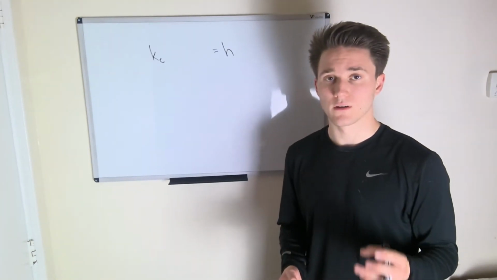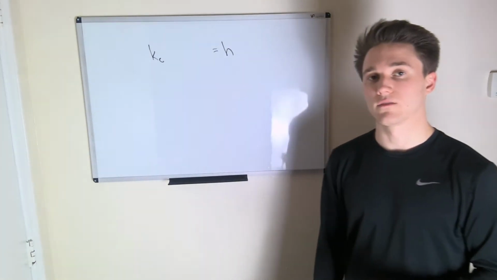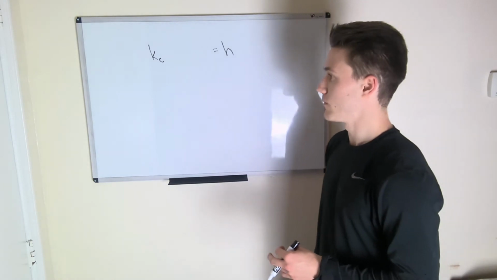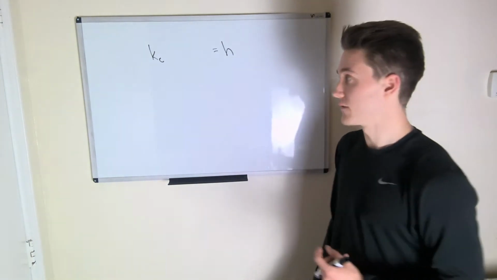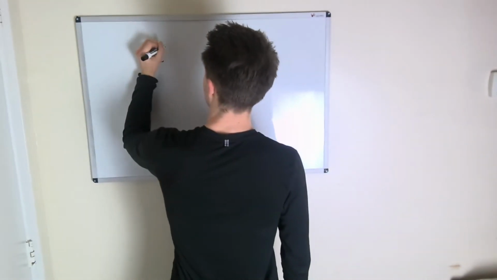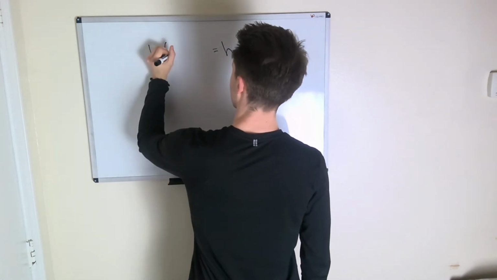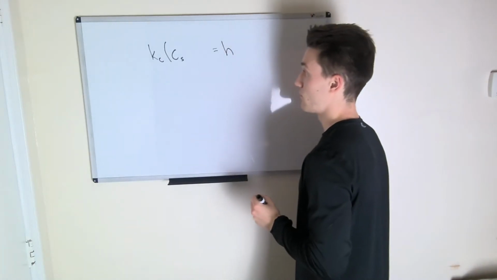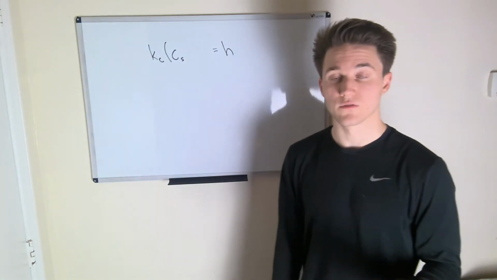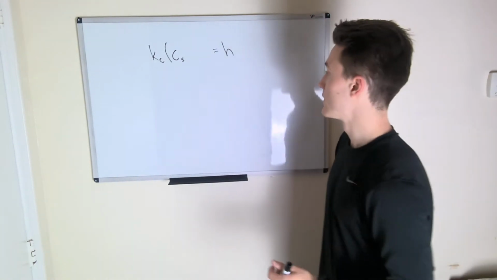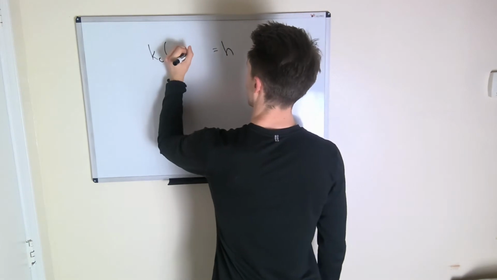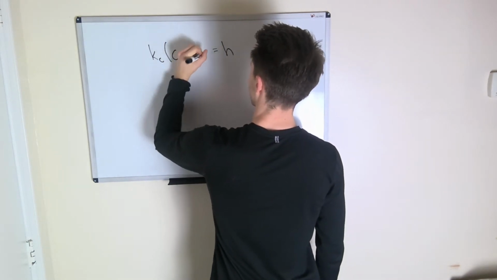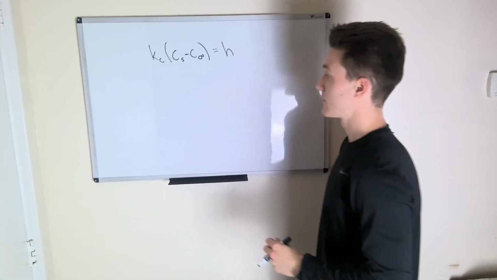So starting with the mass transfer coefficient side of our energy balance, we need a molar driving force. And that is expressed as the concentration of water vapor at the surface of our wet bulb, subtracted by the concentration of water vapor in the air.